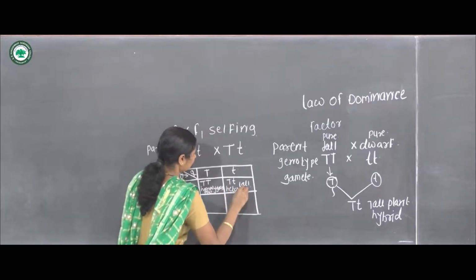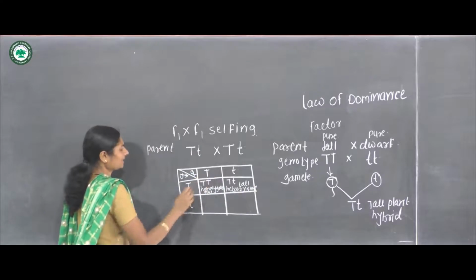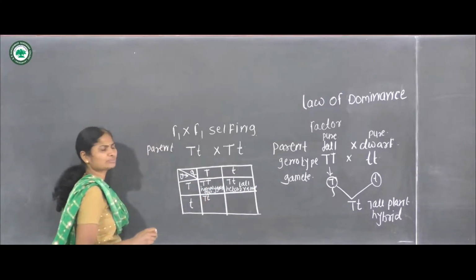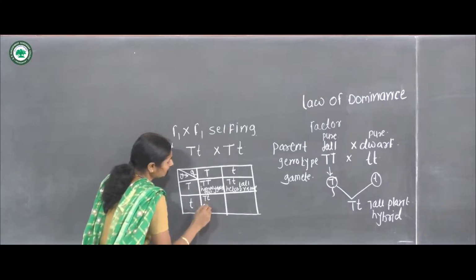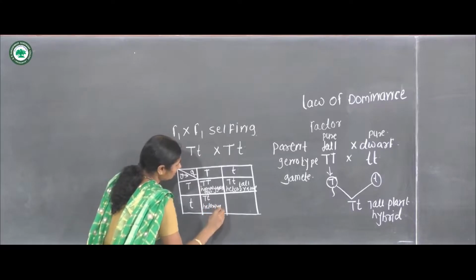Again capital T and small t gives genotype capital T small t, heterozygous, and the plant is tall.